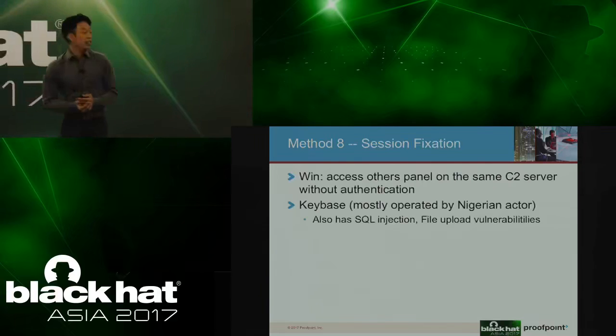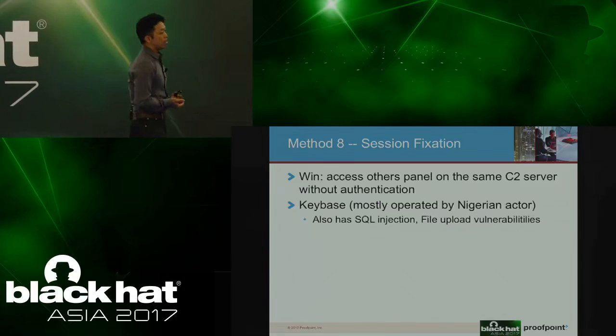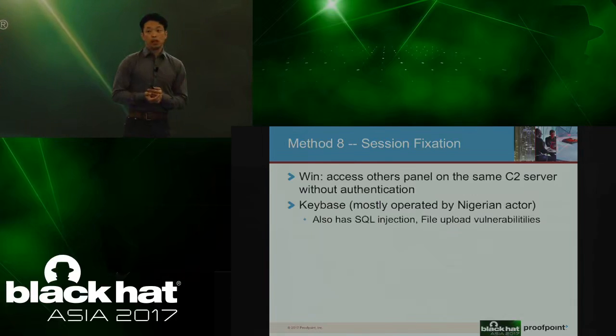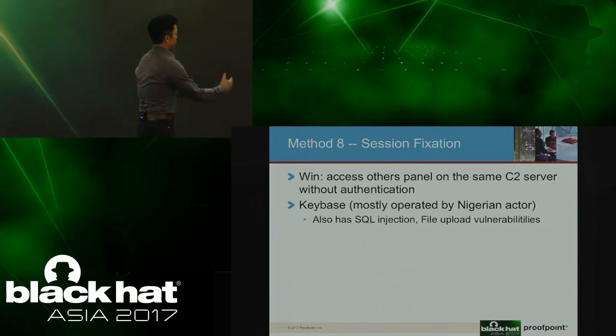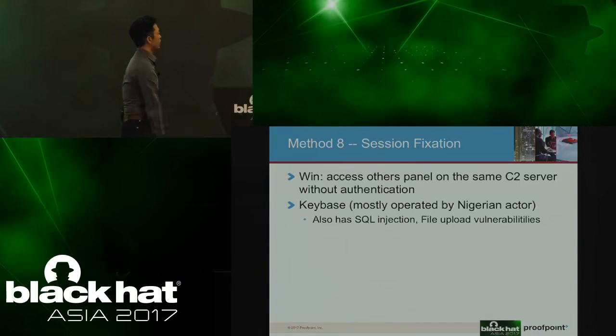There certainly is a need, because we found out that some actors love to host many command and control panels on the same server. Keybase, for example, is mostly operated by Nigerians. This actor loves to run multiple C2 control panels on a single server.